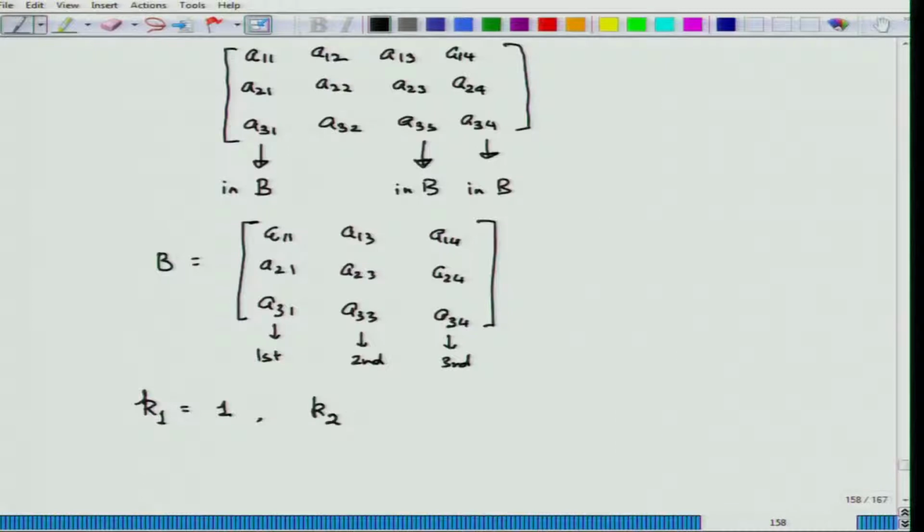Now, K2, the second column of the basis matrix, corresponds to the third column of the original matrix. So, this is the original matrix A, and there you get the basis matrix B. And K3, the third column of the basis matrix, is the fourth column of the original matrix. So, this is what this notation actually means.